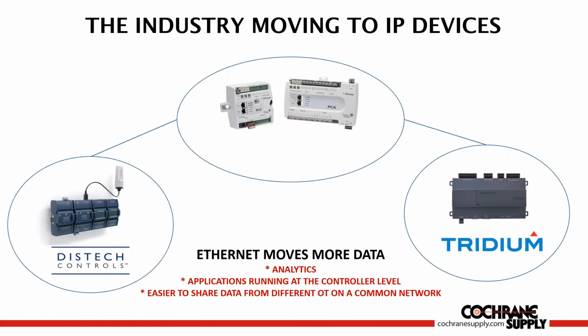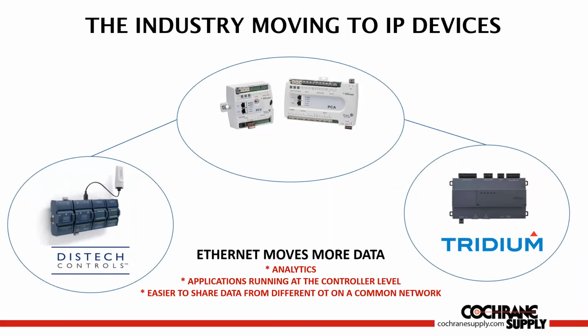So, like I said, our industry is moving to IP devices, which has pushed our industry and our systems integrators and contractors to be more proficient when it comes to IP technology. And why are the vendors or manufacturers moving to this technology? It's simply because Ethernet moves more data.